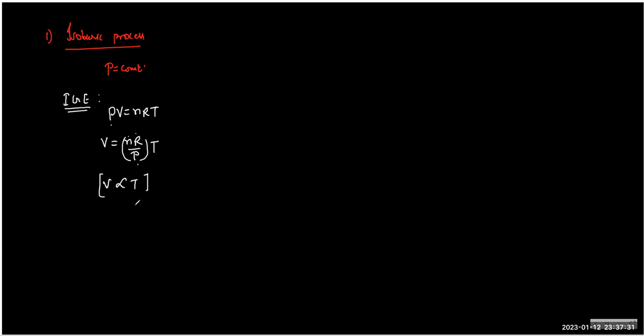Right? And if V is proportional to T, we can say V by T is constant. Tell me, guys, which law do we call this? This law is called Charles' law. Yes.